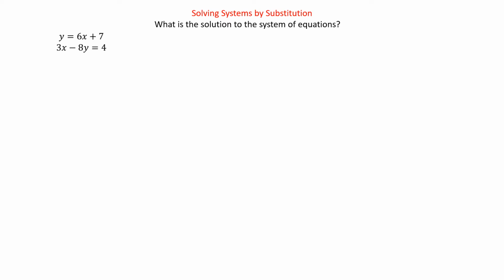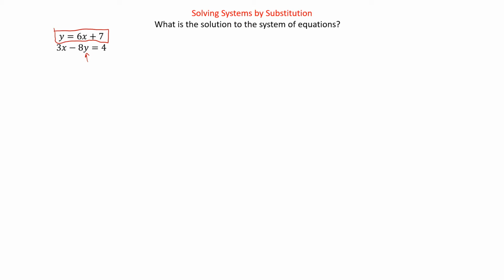So to do that, we are going to first solve for one of our variables. We actually have that in this top equation. We have y equals 6x plus 7. We're going to take that and replace this y down here in the other equation with what y equals.